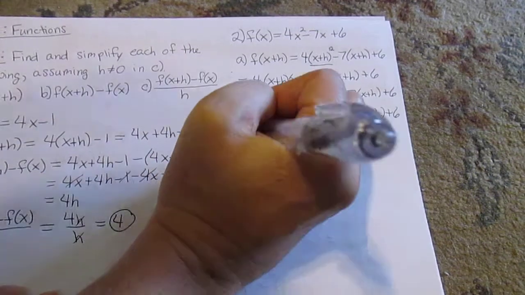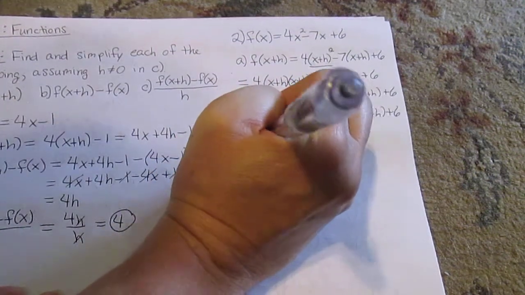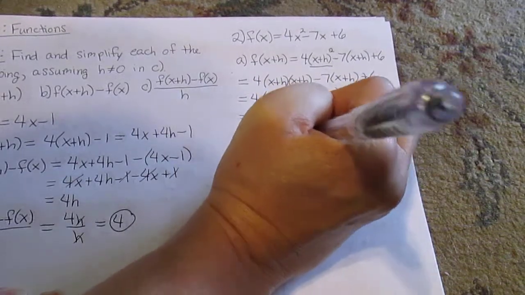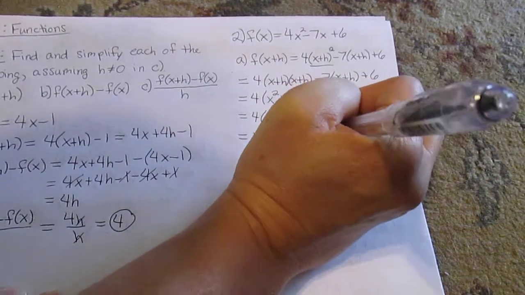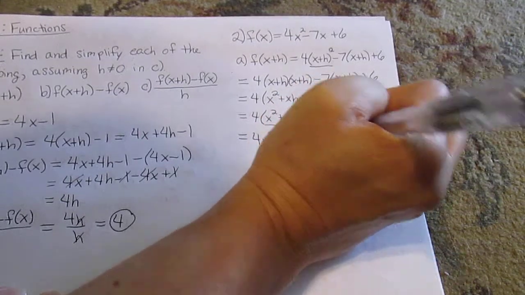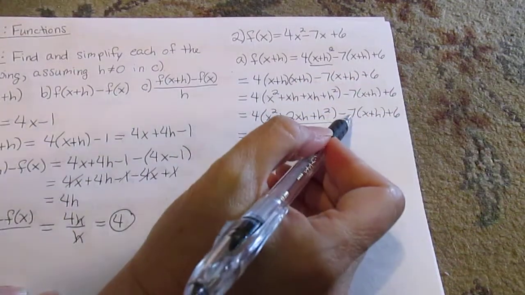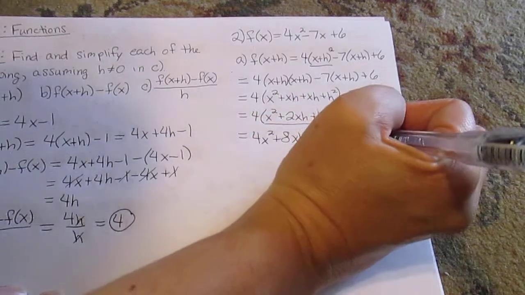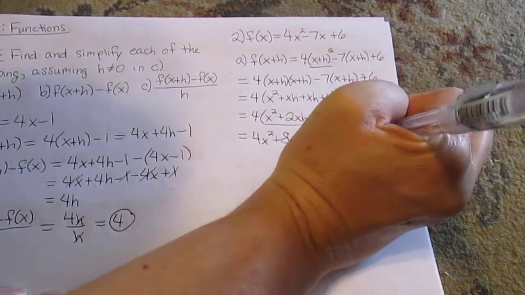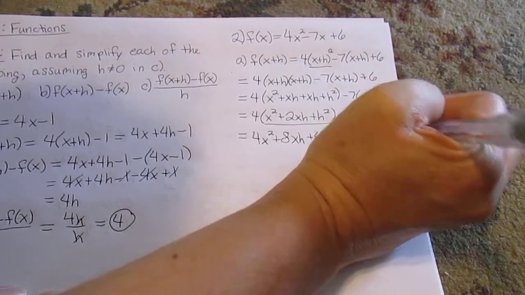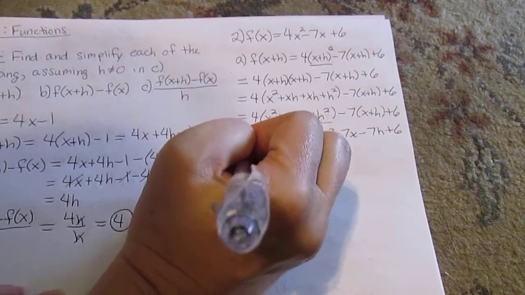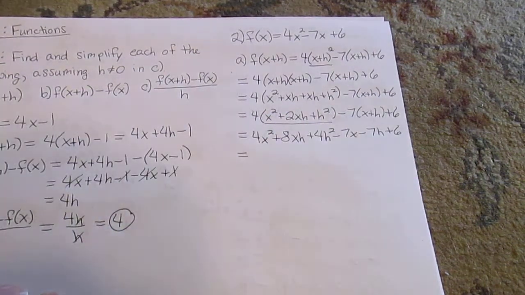So we'll distribute the 4. We've got 4x squared plus 8xh plus 4h squared. And then I'll go ahead and start simplifying this now too. So I'll distribute my -7. So -7x minus 7h plus 6. And now we can put all of our like terms together.